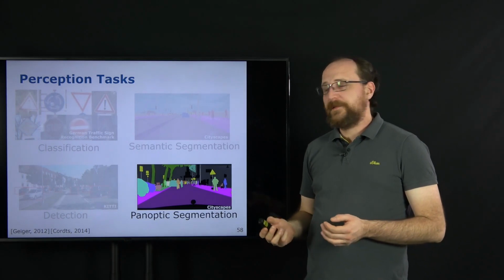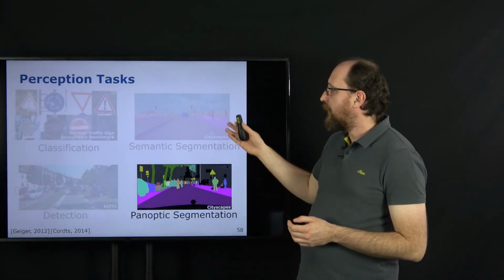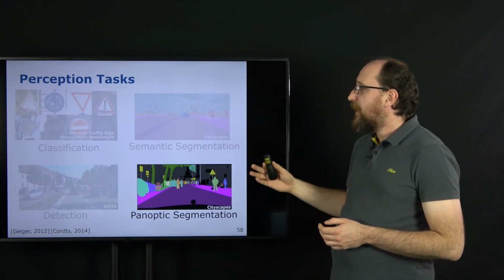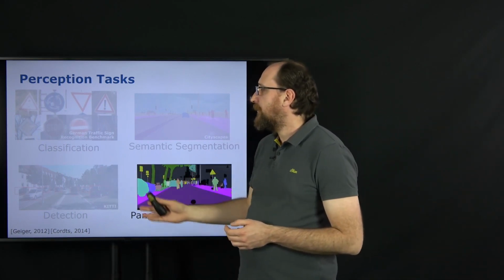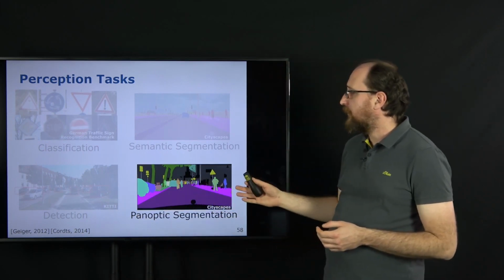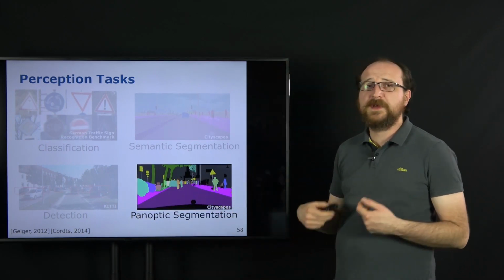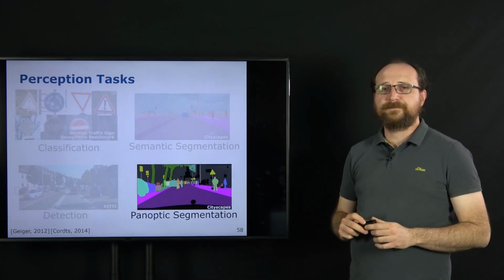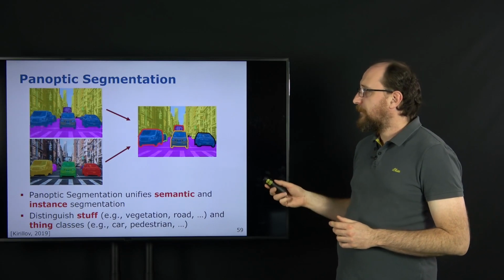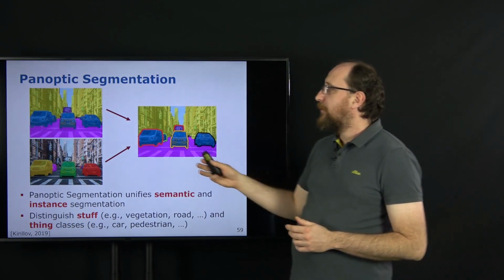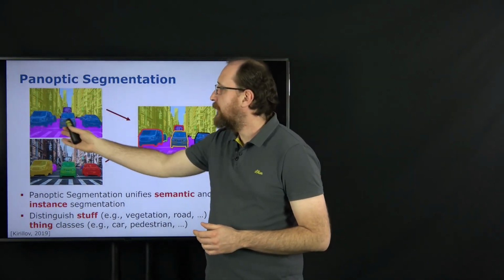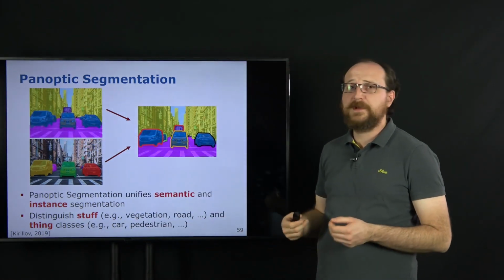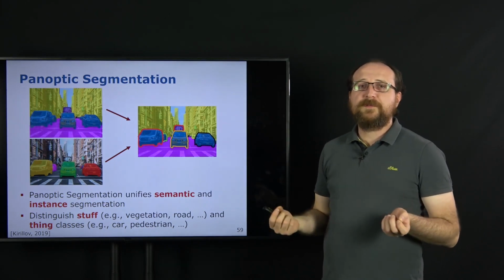For the last task, the so-called panoptic segmentation, we have to combine something from semantic segmentation, but also ideas from detection. Because here we are not only interested in the pixel-wise classification, but also the distinction between different instances. So again, we want the pixel-wise classification, but additionally we want to distinguish between pixels from different instances.